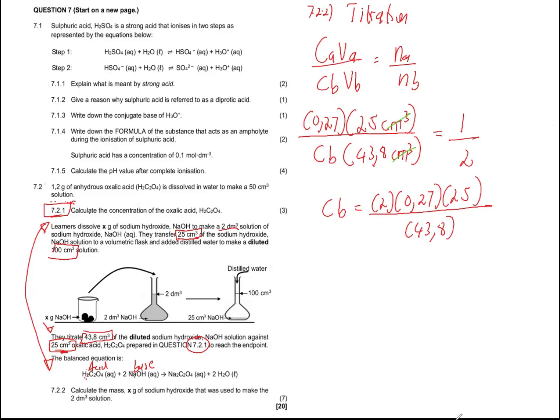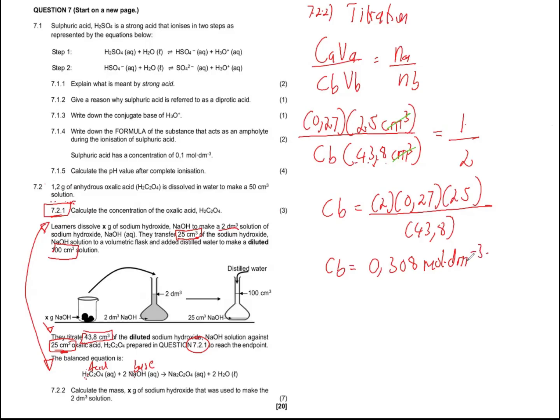They don't really care what you do with your maths, all they want is the final answer. You can do it step by step if you want to see. When we punch all of this into our calculator, we get 0.308 mol per dm³.